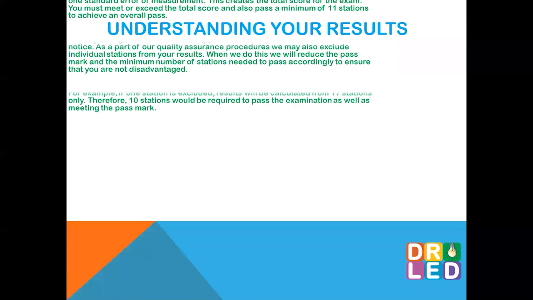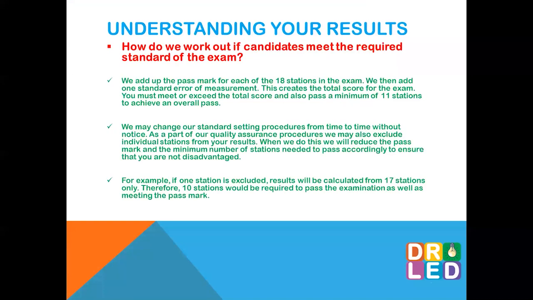So how do we work out if candidates meet the required standard of the exam? So we add up the pass mark for each of the 18 stations in the exam. We then add one standard error of measurement.